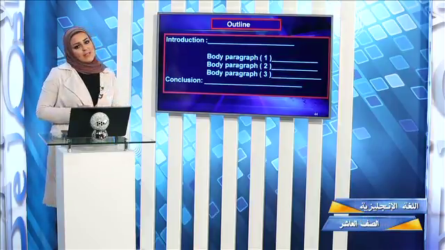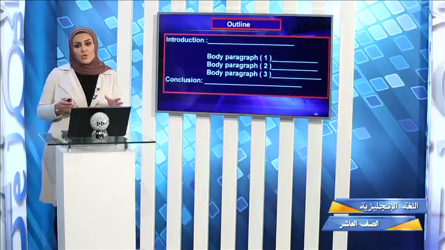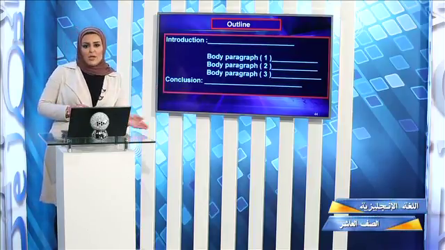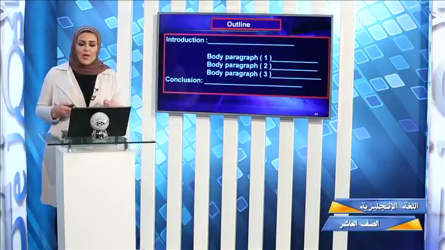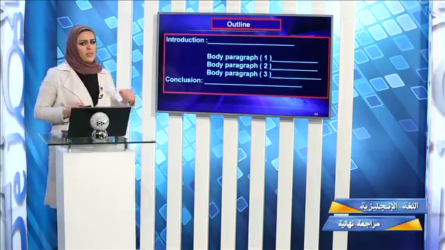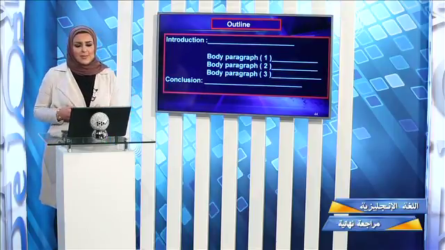And finally, as we said, we will have the conclusion, so you can tell us here what will your conclusion be, and then you move on to the essay and write everything with all the sentences and all the information, all the details.